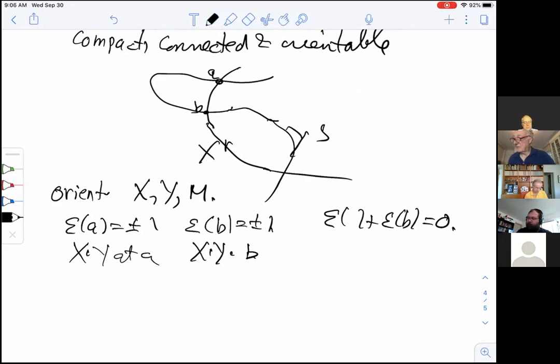Okay. Well, you might say, you chose all these orientations, maybe that matters. But since the manifolds are connected, a change of orientation of any one of the three affects both epsilon A and epsilon B by multiplying by the same integer, -1. So this statement is independent of the choice of all the orientations.